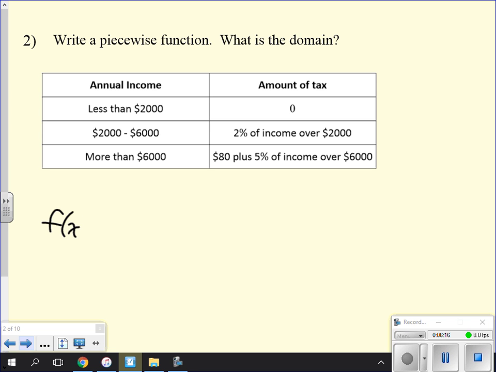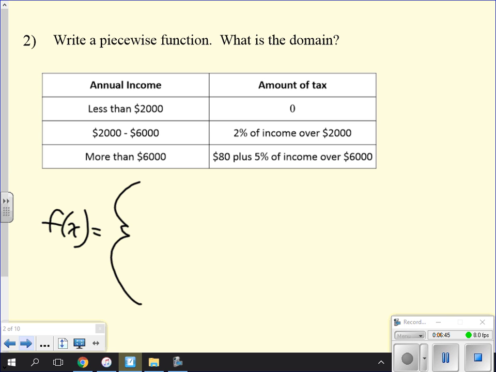So my function f of x is equal to, and we use a piecewise function, we have a one-ended bracket. Those are all the parts. So my annual income is less than $2,000. Does that include 2,000? No. How small can I get? 0, right? I can get 0 income.